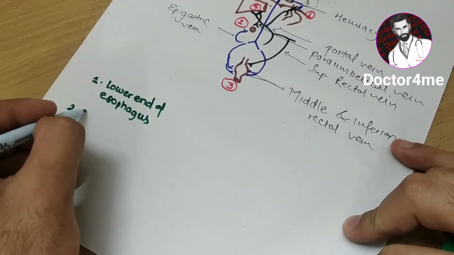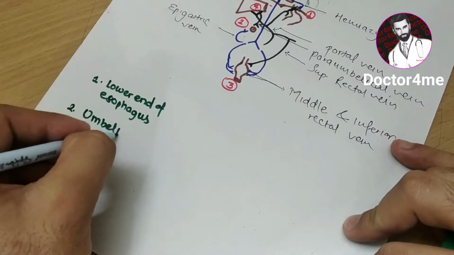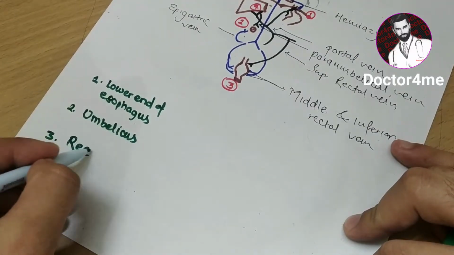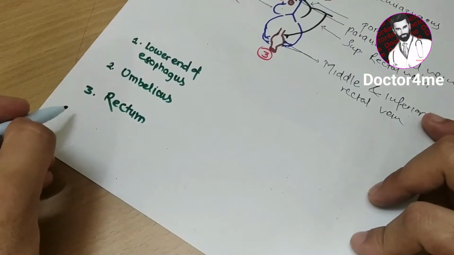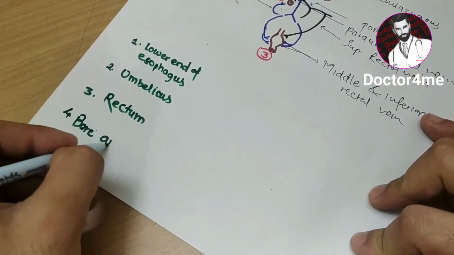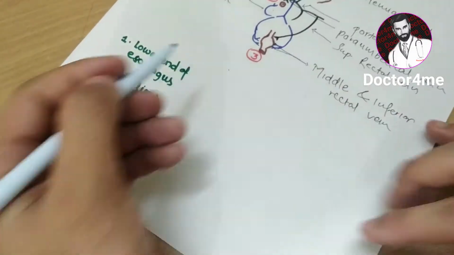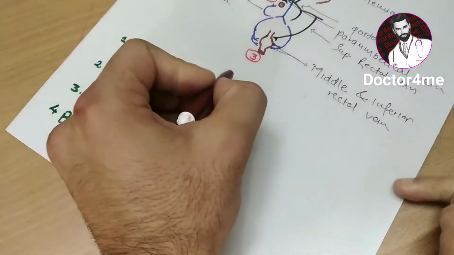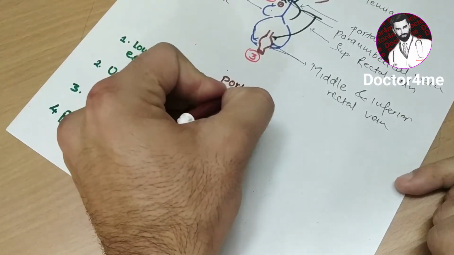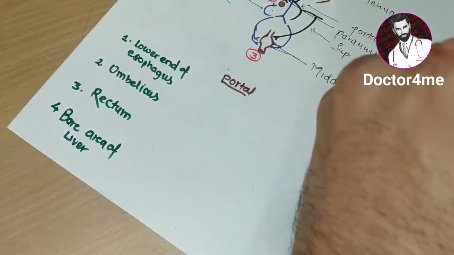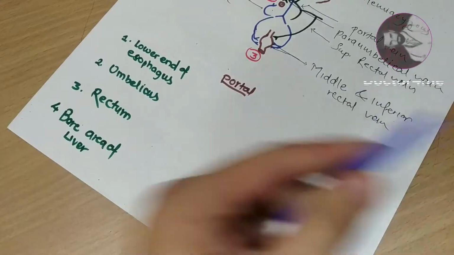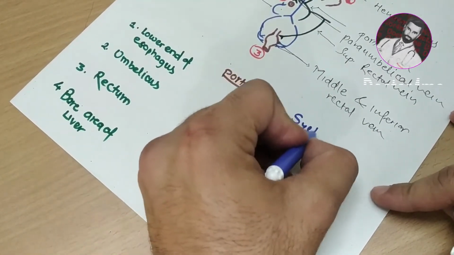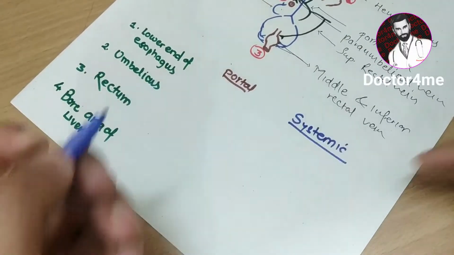Second is the umbilicus, third is the rectum, and fourth is the bare area of the liver. Here the portal branch and the systemic branch.